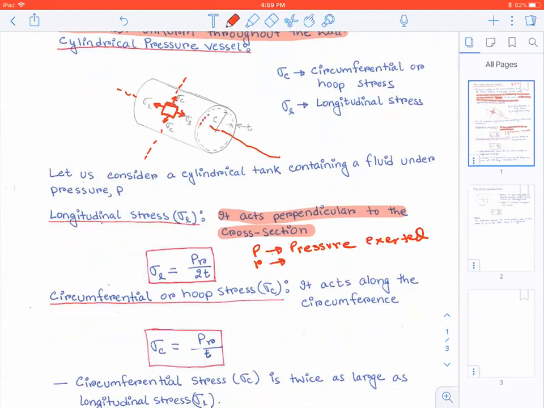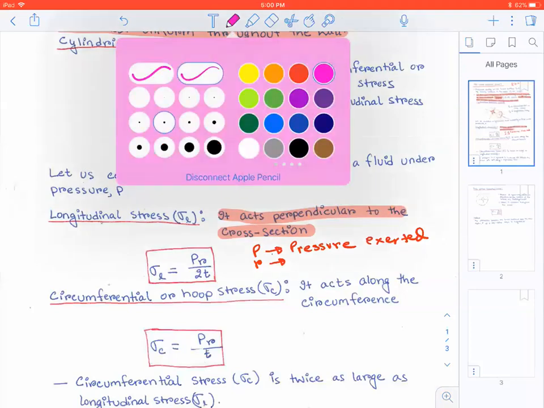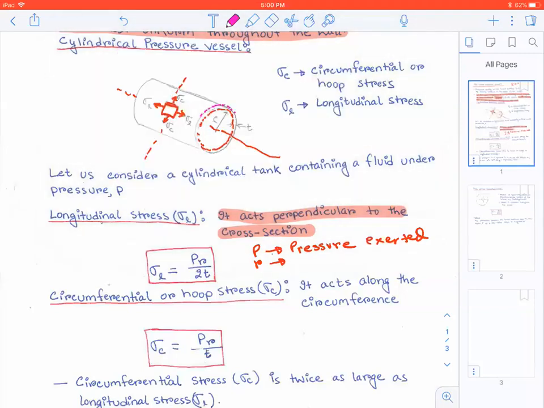This is the inner circle, and this is the outer circle. The difference is the thickness T, and the inner radius is considered as R. So R is the inner radius, and T is the thickness of the wall.